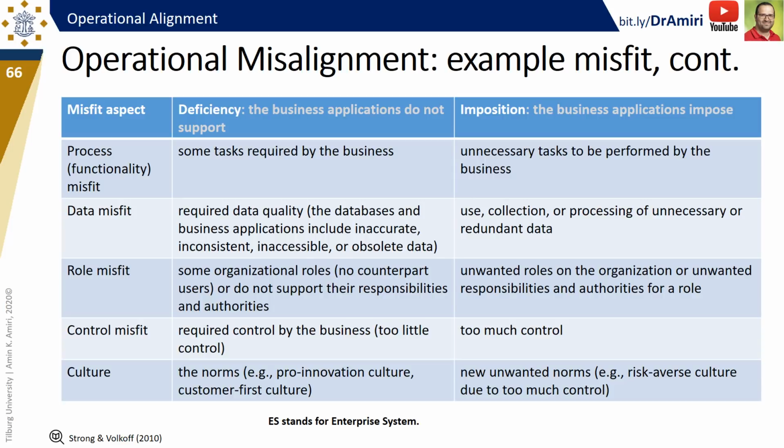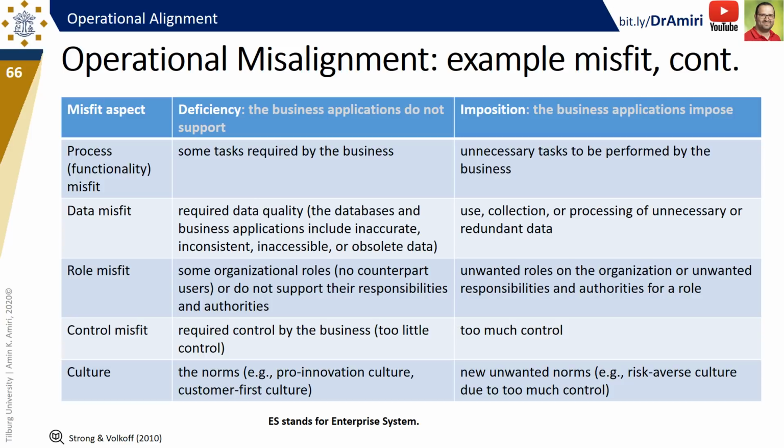This is an example of a deficiency. On the other hand, there can be unnecessary tasks that the business applications require the business to perform that provide no added value. This is an example of imposition.